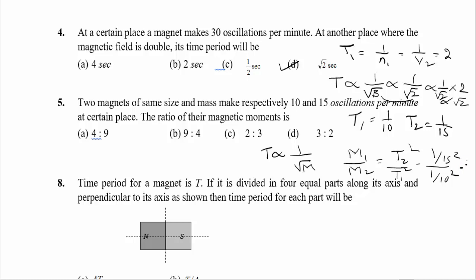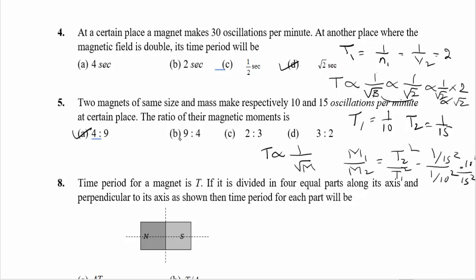So after doing the calculation, it is 10 square by 15 square. The answer is 4 is to 9. Option A.